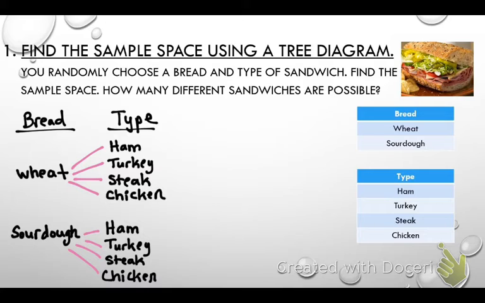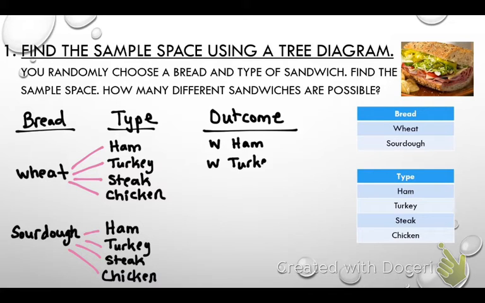So let's think about what the outcomes are now that we've talked about this. Our final column for our tree diagram are the outcomes. For the sake of time, I'm going to just write it like this. I could have wheat, W stands for wheat, ham on my wheat, or I could have turkey on my wheat, steak, or chicken.